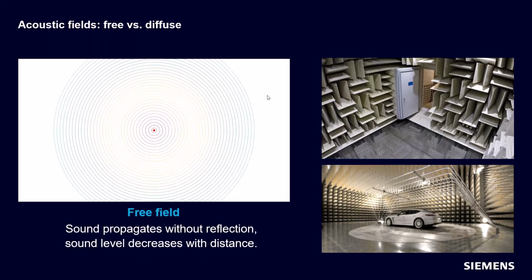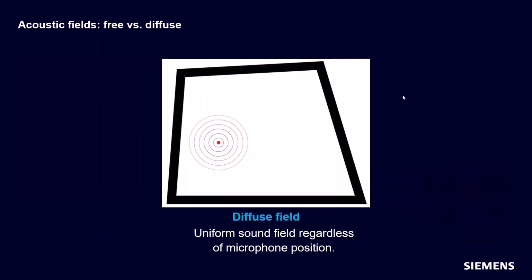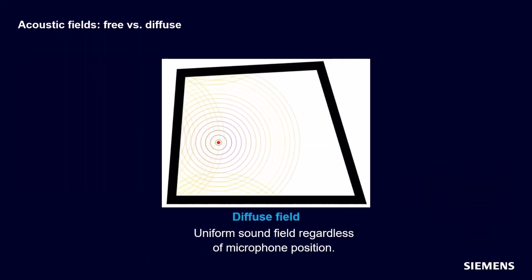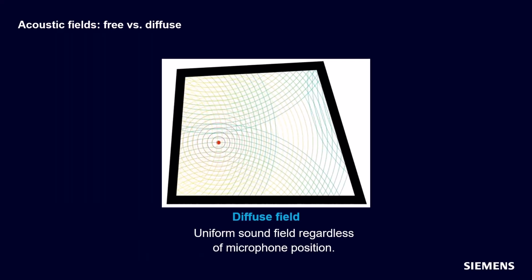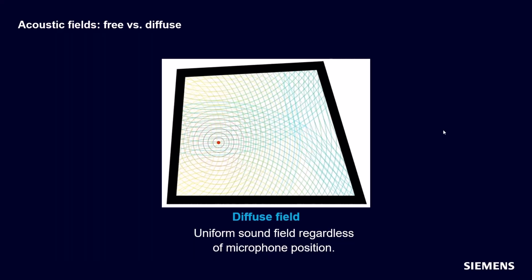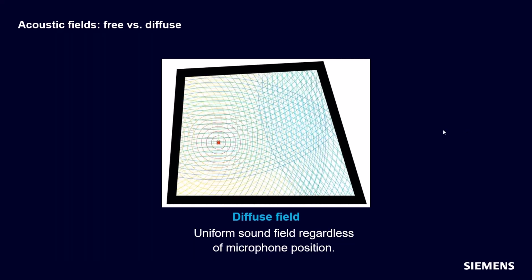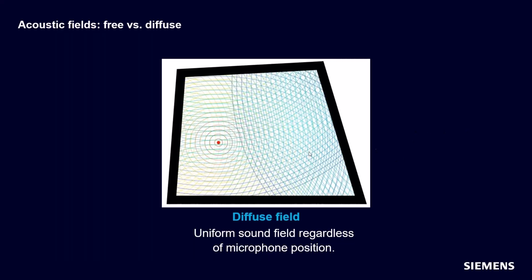When we're talking about reverberation time, often the environment that we're going to be measuring in is a diffuse field. So in a diffuse field, there is a uniform sound field regardless of the microphone position.